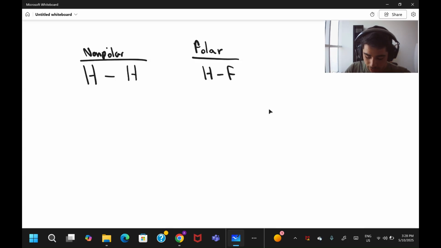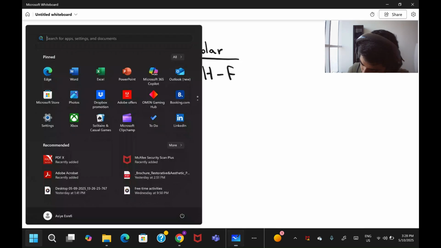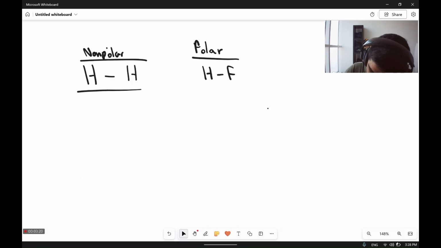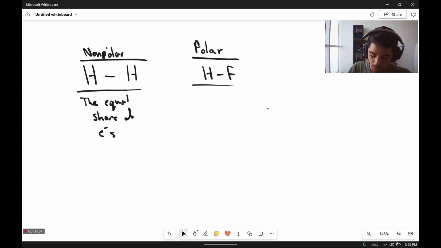In hydrogen, the share of electrons is equal because they're the same atoms bonding with each other. And in a polar bond, which is H and F, the share of electrons is not equal.